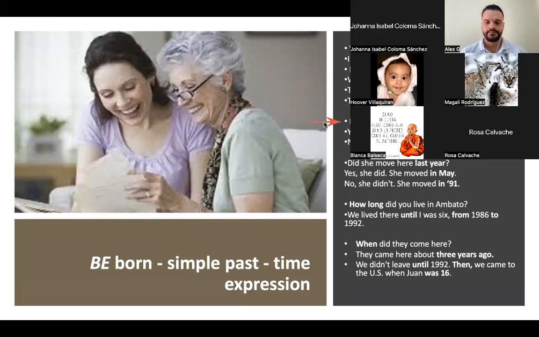Miss Joanna, can you please read the next question? Did you live there for a long time? Yes, I did. I lived there for 10 years. No, I did not. I did not live there long. Very good. Joanna, the pronunciation: didn't. I didn't. Didn't.